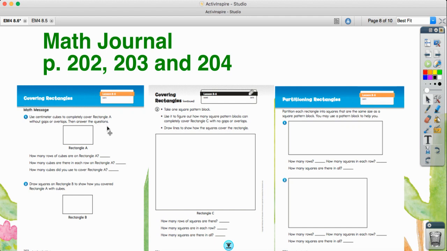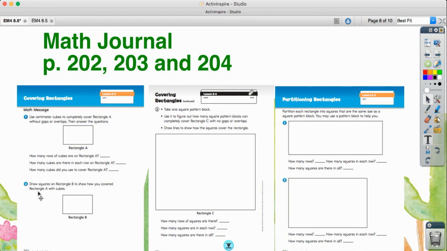Most of you will not have a centimeter cube at home. If you don't, please estimate a centimeter and make centimeter cubes across rectangle A. Then answer these questions. How many rows of cubes are on rectangle A? How many cubes are there in each row on rectangle A? How many cubes did you use to cover rectangle A?